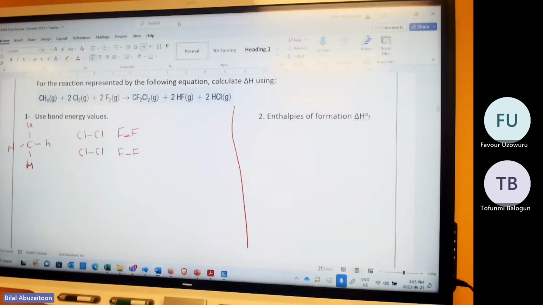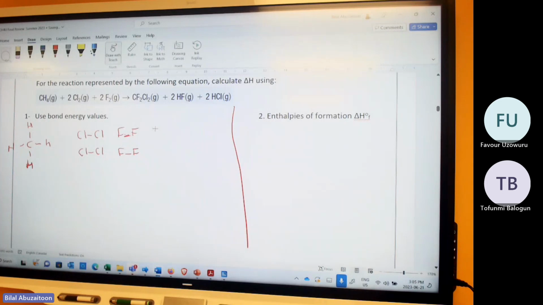These are the reactants. What about the products? CF2Cl2, where the C has 2 fluorine and 2 chlorine, 2HF, and 2HCl.